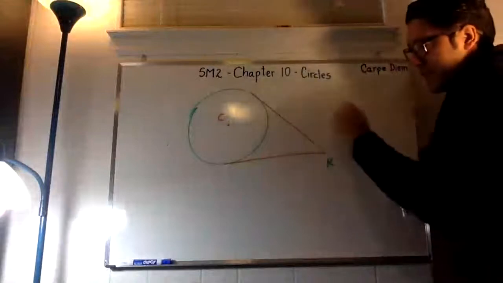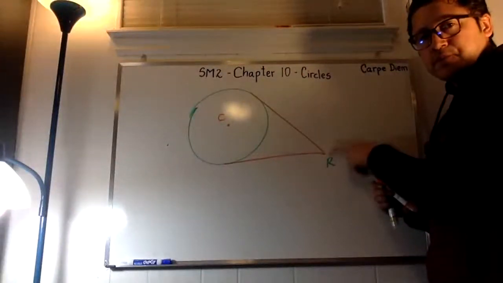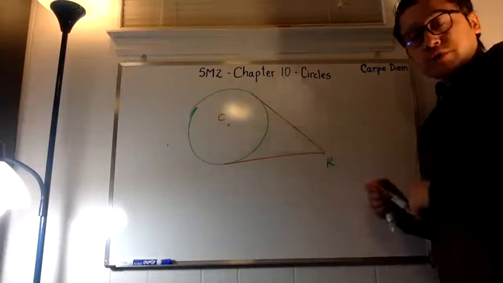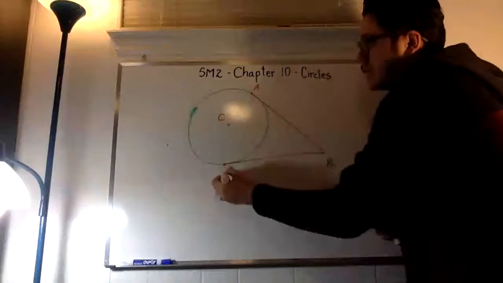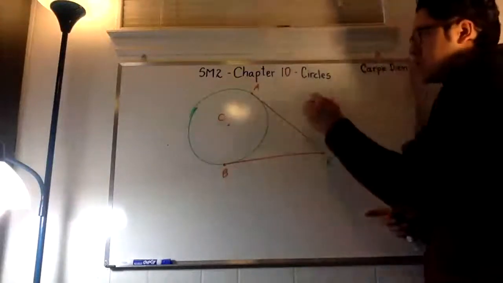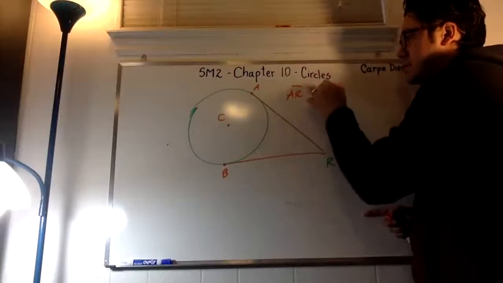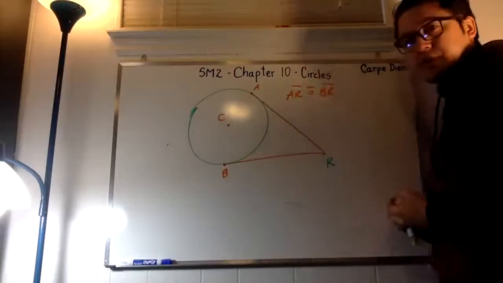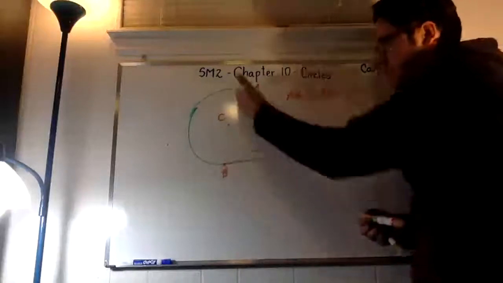So two tangents that have a common exterior point are congruent. If I have this point right here and this point right here, A, B, I know that AR is congruent to BR, right? With that in mind, the lengths are going to be the same.